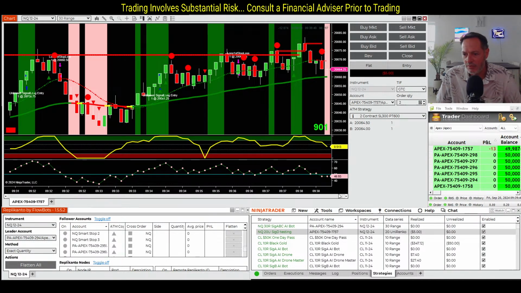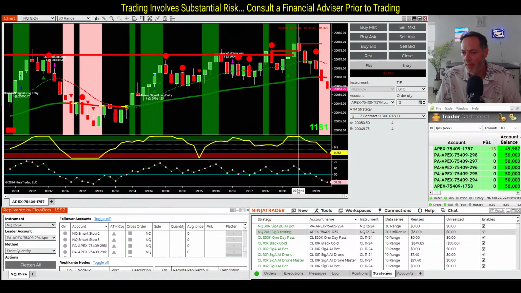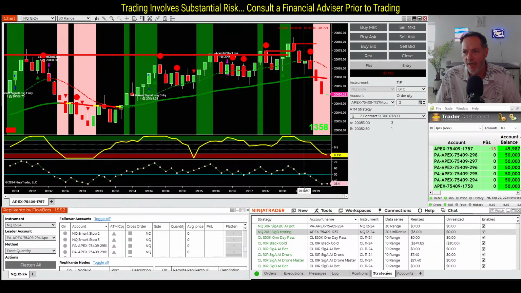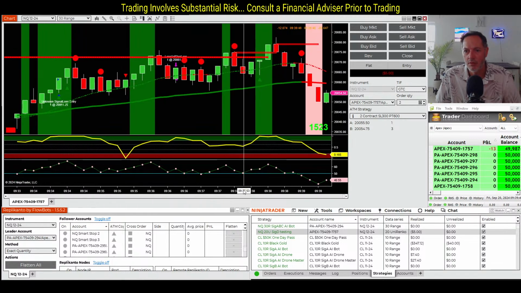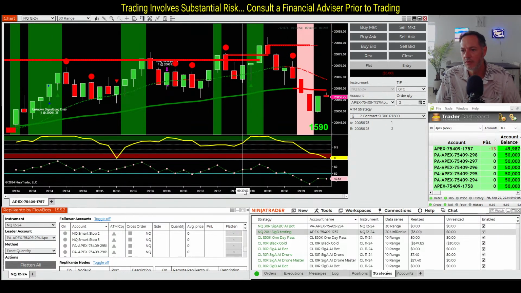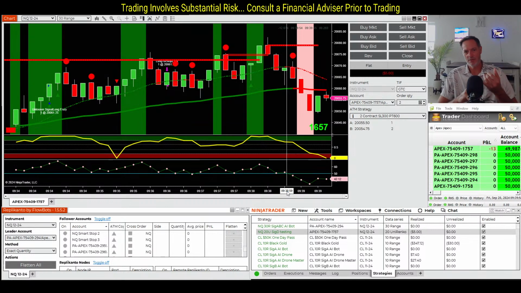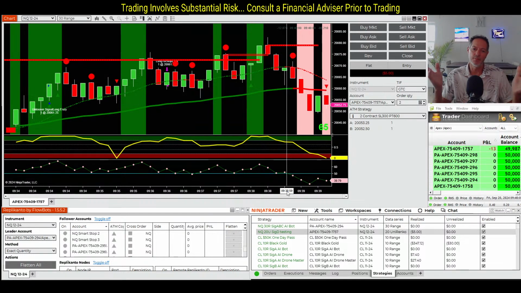We're going to create a drone for the Smart Stop 1, 2, and 3, and that drone will eventually have the bot that will tell us the optimum stops and targets, the optimum signal to use, and the optimum time of the trading session to be in.